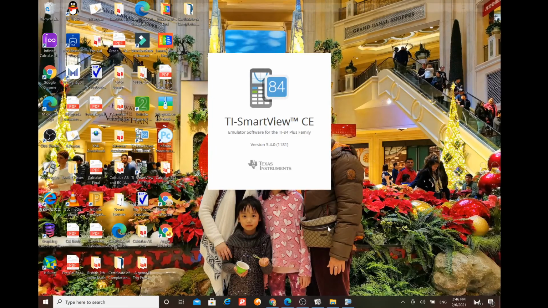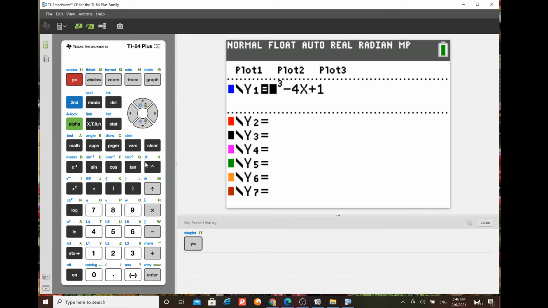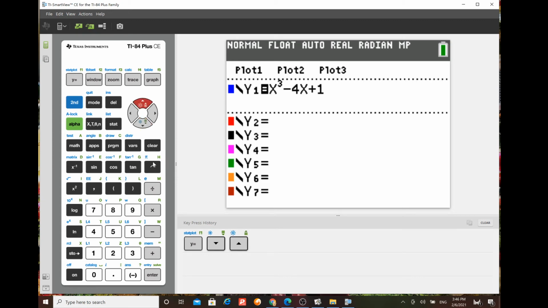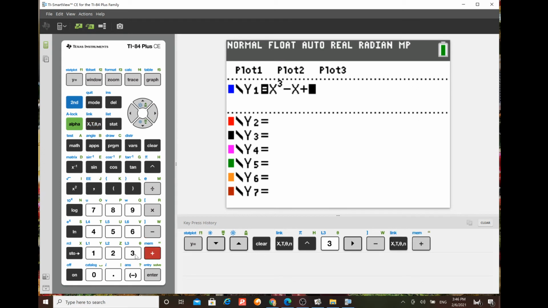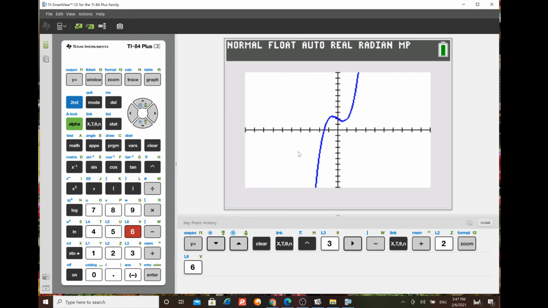For the TI-84, let me just clear all this. So y equals x cubed minus x plus 2. Go to zoom, standard, and in order to get the zero here, this one is not like Desmos. You cannot just simply click that point.